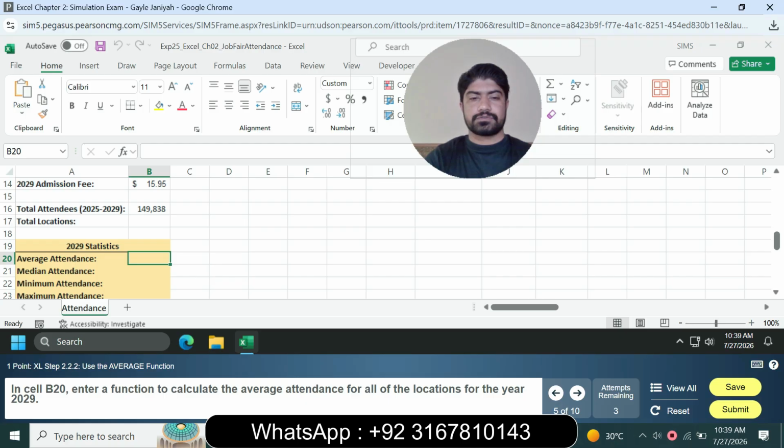D20, enter a function to calculate the average attendance for all of the locations for the year 2029. So type equals and type AVERAGE, and next F5 to F11.